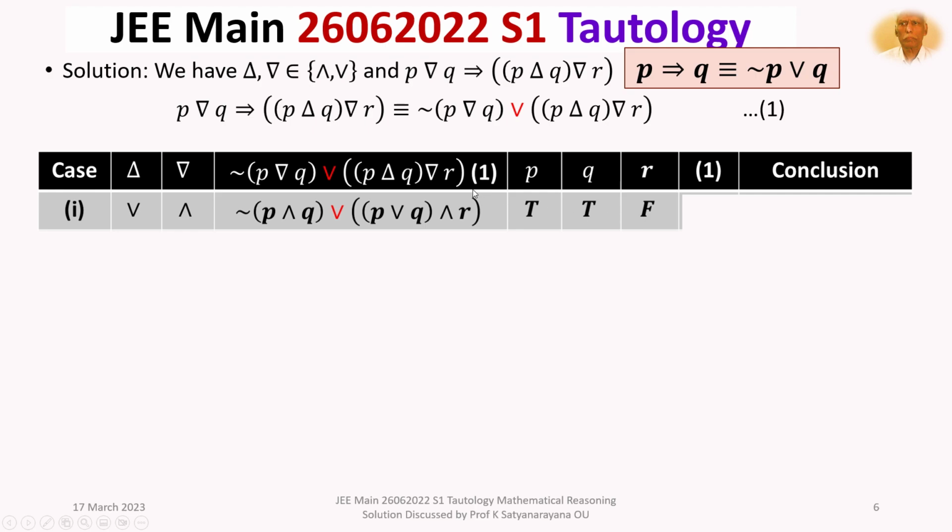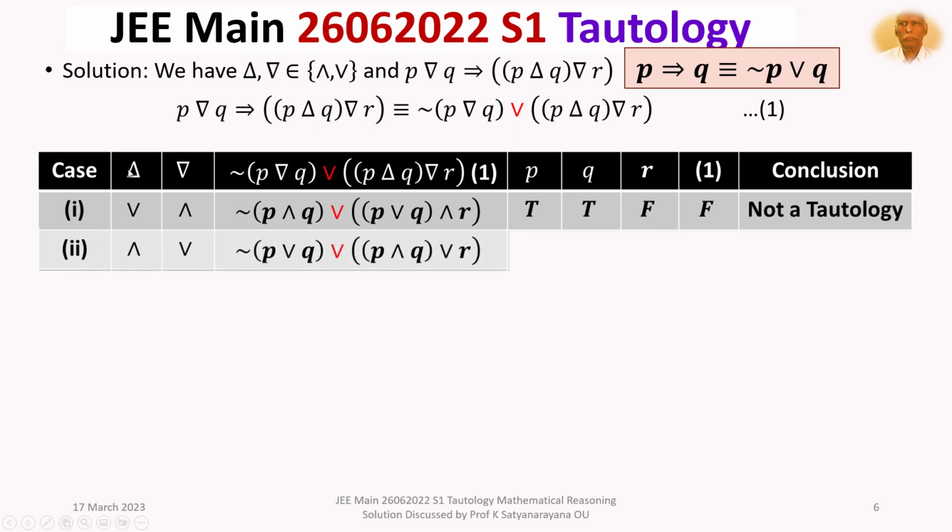Then Q and R is T and F, which is F. So P or F, P is T, T or F is T. Negation of T is F. F or F is F. So the Boolean expression 1 becomes false. That means it is not a tautology.